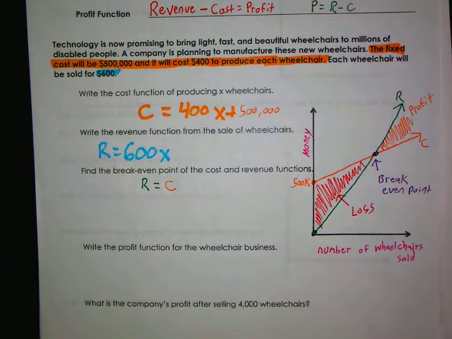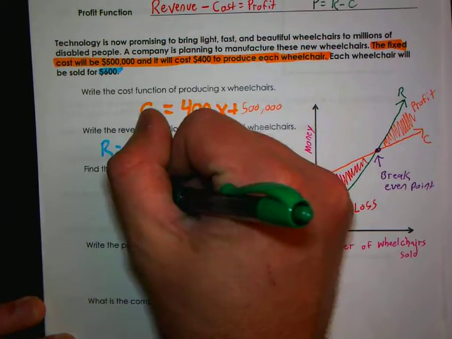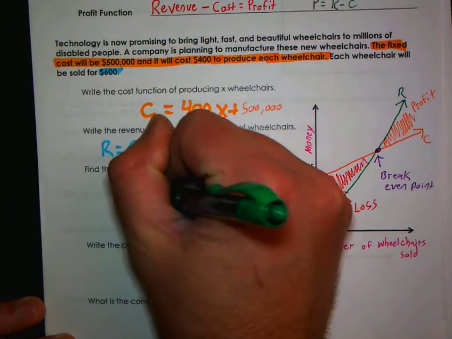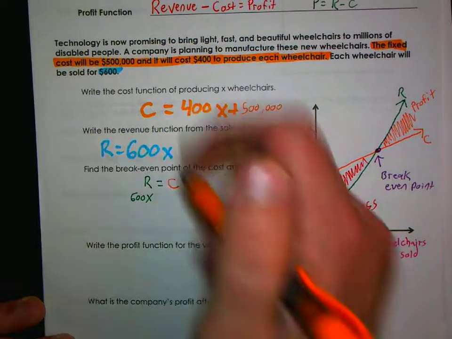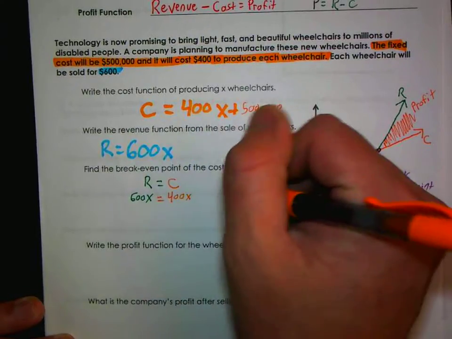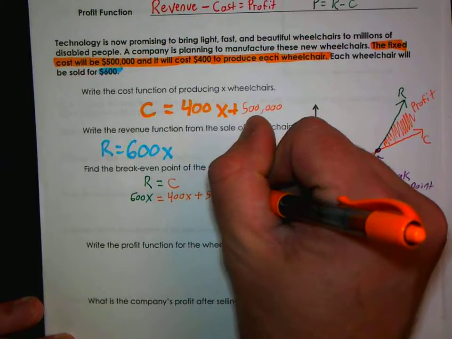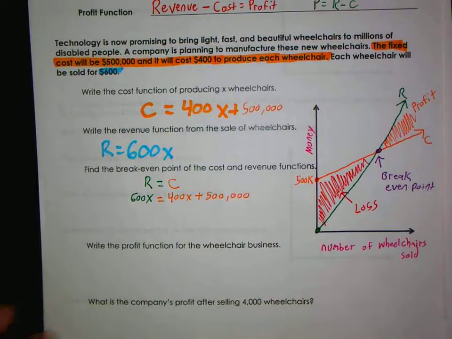Well, the revenue function is 600x. And then my cost function is 400x plus 500k. Need to do some math, and usually your profit and cost function are a little bit more complicated because there are way more variables to a business than just these variables.